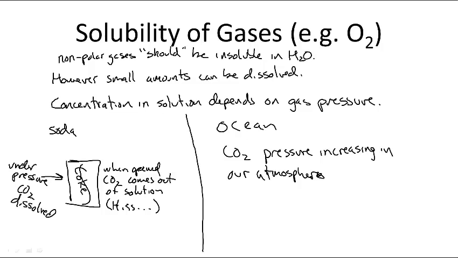But you hear about the increasing CO2 percentage in our atmosphere in terms of parts per billion or parts per million. As that increases, oceans absorb more CO2. And this, for a reason you'll learn about in chapter 17 or 18, leads to acidification of the oceans. As the ocean absorbs more CO2 because we're putting more out, we're putting more CO2 into our oceans, which is bad because it acidifies our oceans.